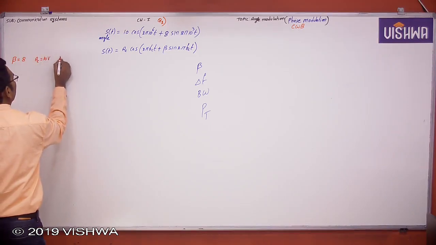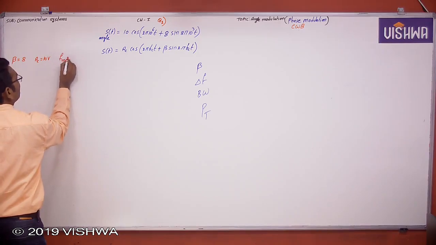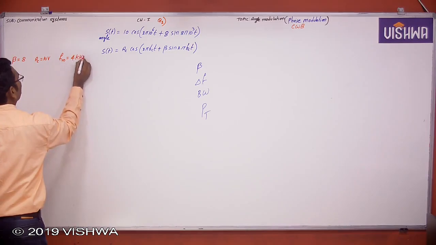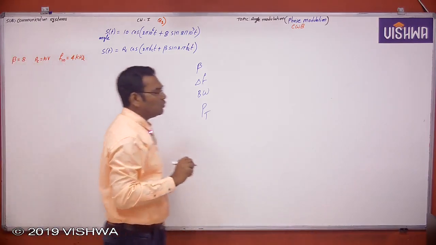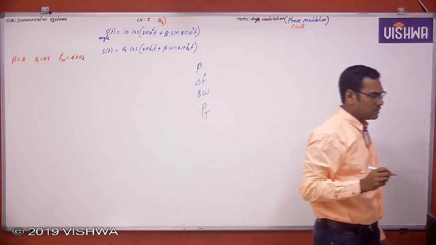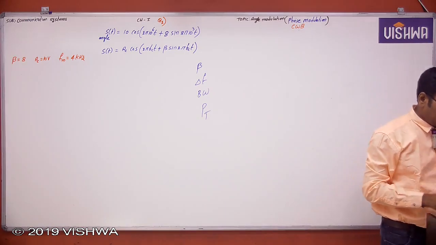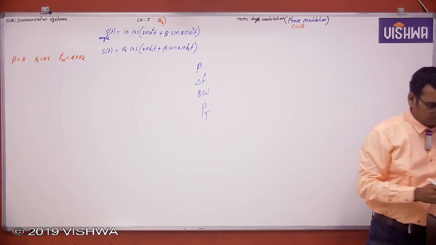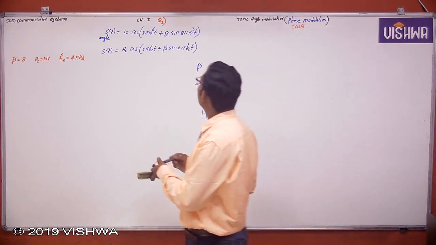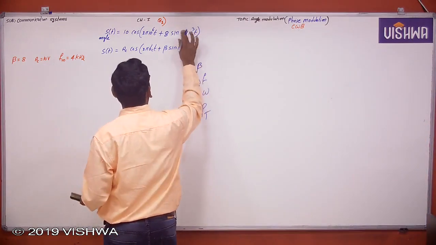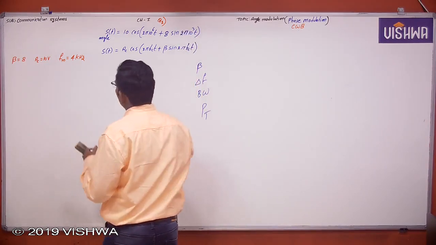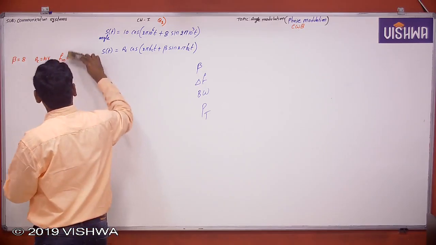And fm, from 2 pi fm, is 4 kHz. Then 8 sin 2 pi, this is 2 pi, so fm here is only 1 kHz.